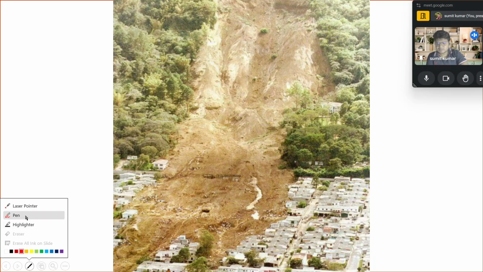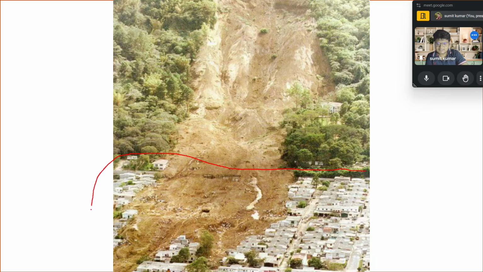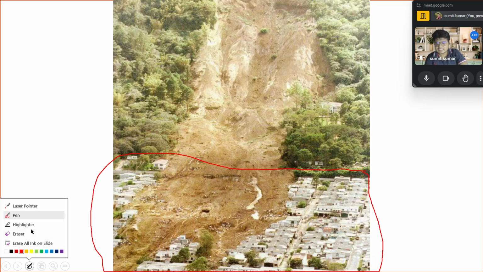Over here you see the various constructions, various houses. There are too many houses constructed over here, as you are able to see, right? And the slope is behind that. And as you see over here, there is also some vegetation, right? Over here you see the vegetation is there. Over here also vegetation is there.